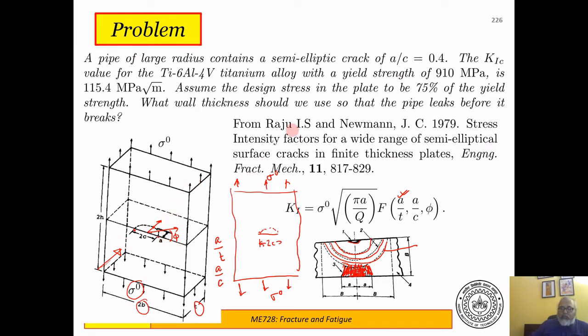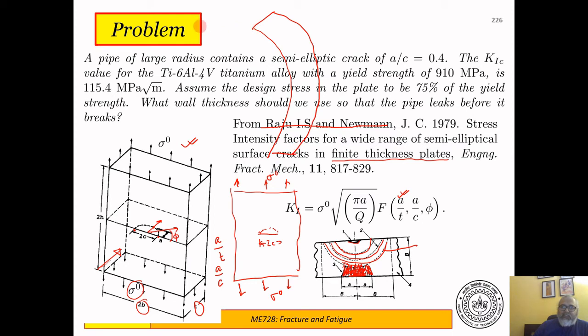One thing we have to understand is that this result taken from this paper is actually for a finite thickness plate. So this is a flat plate, but we are applying it to the case of a cylinder where we are assuming that the cylinder has a very large diameter.